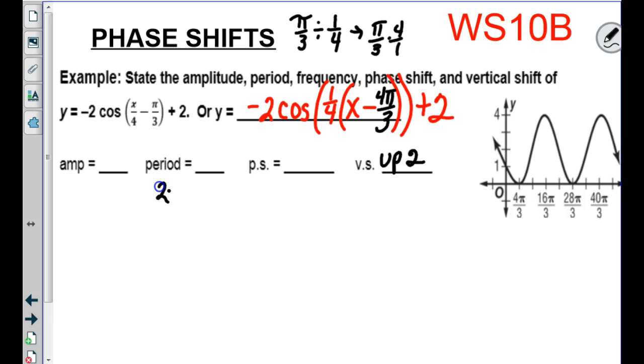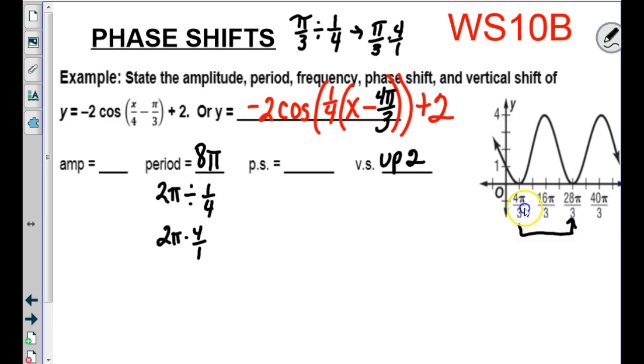Well, let's talk about the period. It'd be 2 pi divided by what's b in this equation? Yes, and do you know what that would be when you flipped that over and multiplied? Good job. So from here to where it finishes is supposed to be 8 pi.